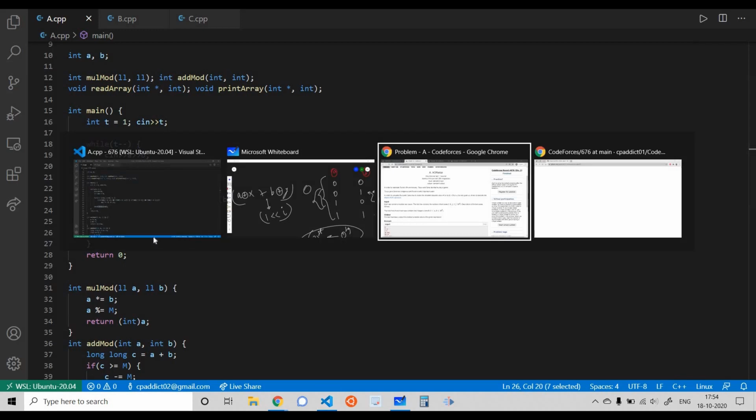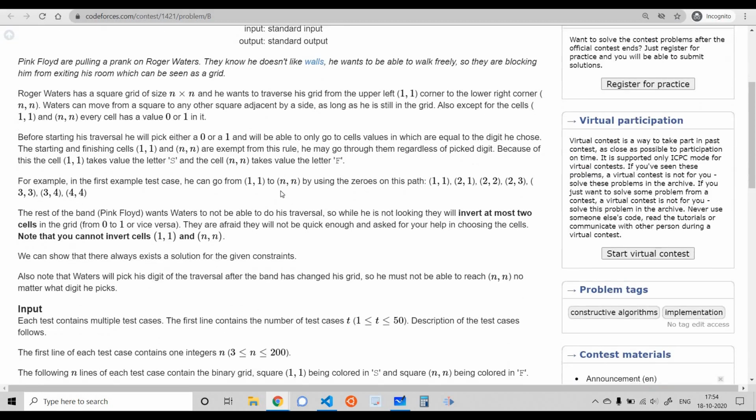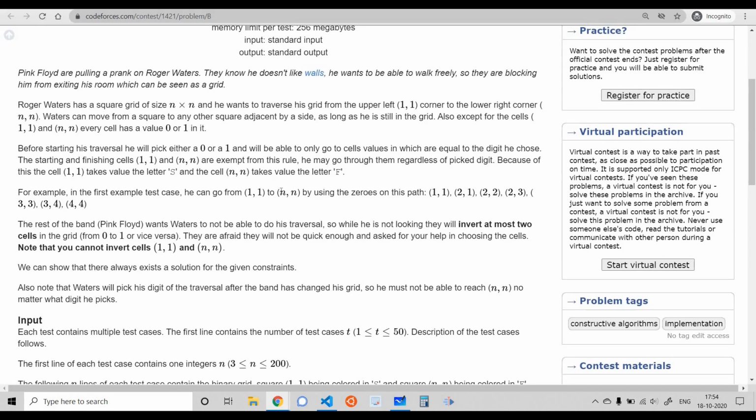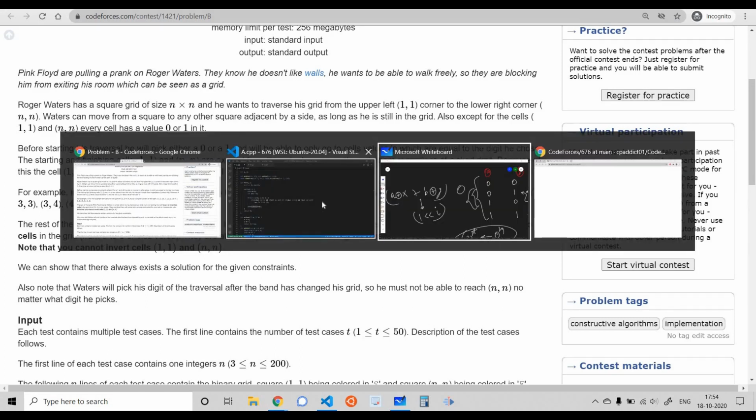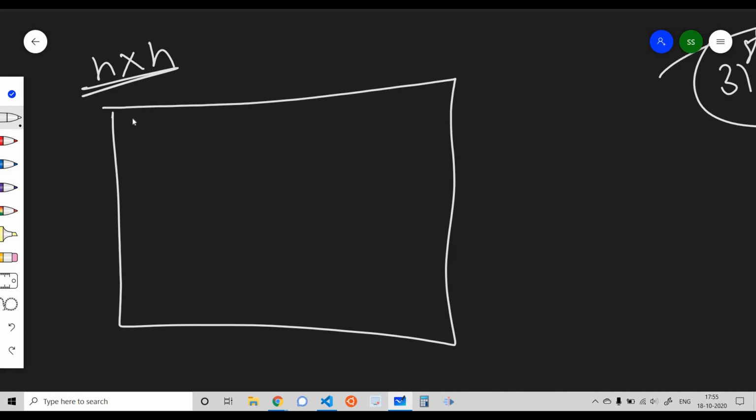Let's see the next problem, which is called putting bricks in the wall. So you can read out the problem statement. I would be explaining it in my own words. What the problem says is, we have been given a grid of size n by n, and at the top left corner some person needs to start his walk, and he wants to reach the bottom right corner, which is termed f.